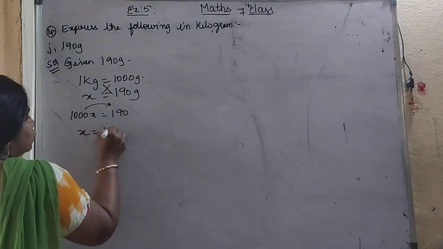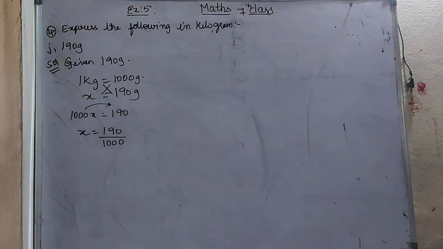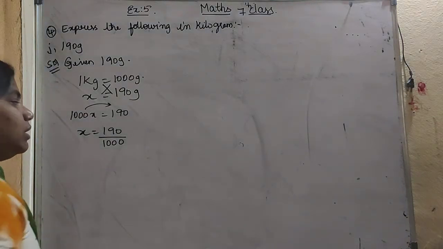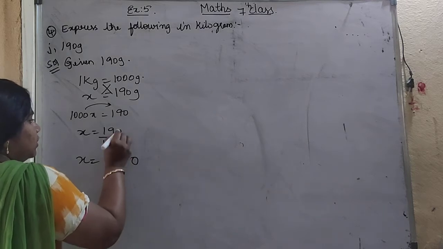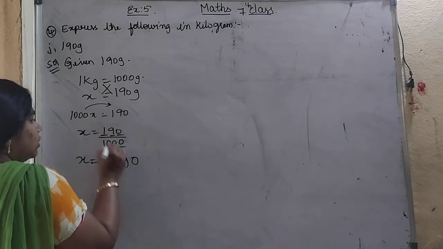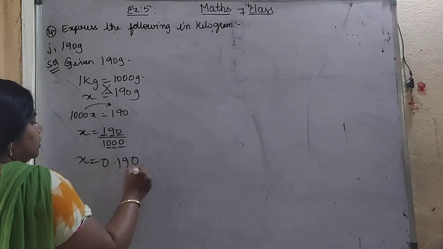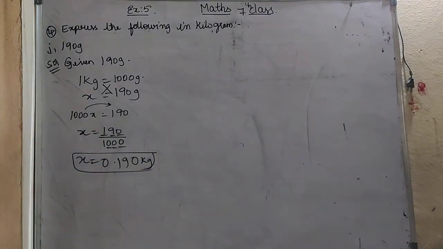So x is equal to 190 by 1000. In the denominator, how many zeros are there? 3 zeros. So before 3 numbers, we have to place a point. So x is equal to first 0, first number, second 0, second number, third 0, third number. Zeros completed, numbers completed, point 0. So 190 grams will be equal to 0.190 kgs. So this is our first one.